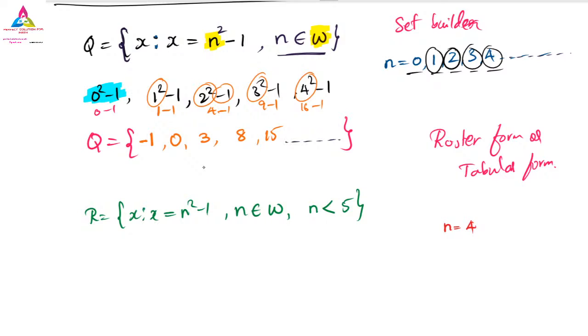Last number is 4 because it will start from 0, 1, 2, 3, 4, because less than 5 they have given. The R value may be minus 1, 0, 3, 8 and 15.